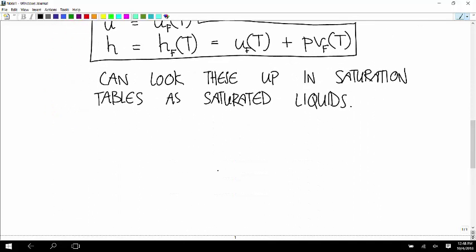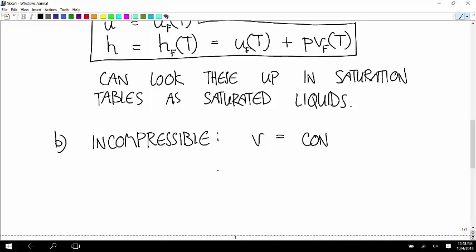So the second simplification is treating liquids and solids as incompressible. And that's when we're just going to assume that the specific volume is a constant. In other words, the density is a constant.